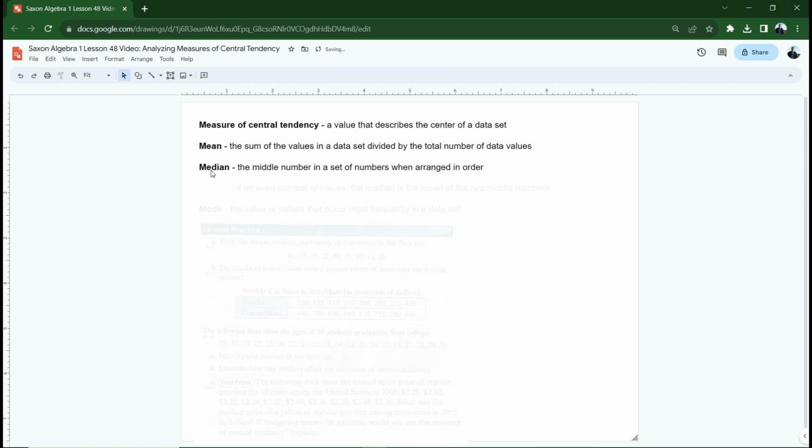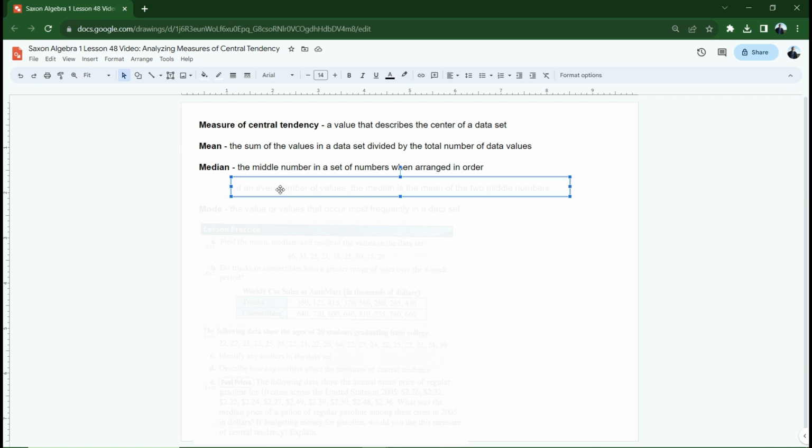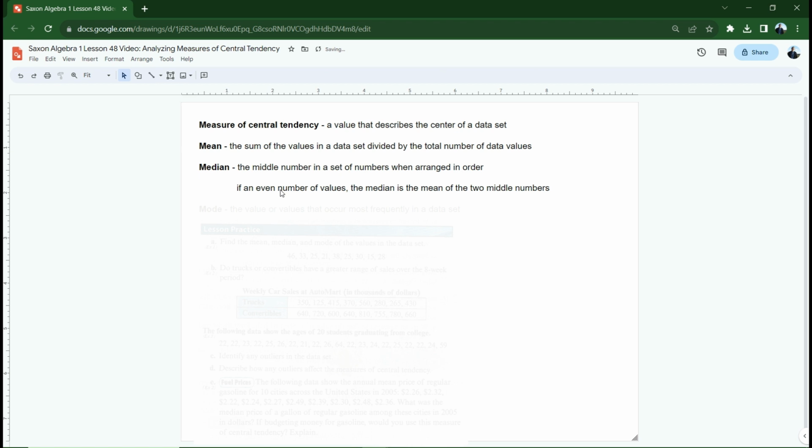The median is the middle number of a set of numbers when we arrange those numbers in order from least to greatest, or technically from greatest to least, but we don't really do it that way. So you have to know that to find the median, the first thing you need to do is arrange the numbers in order. If you have an even number of values, you need to find the median by finding the middle two values and then finding the mean of the middle two.